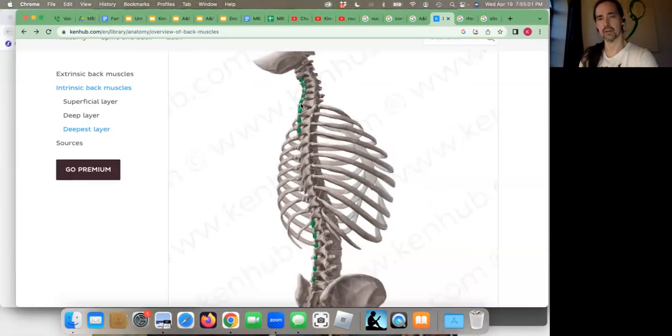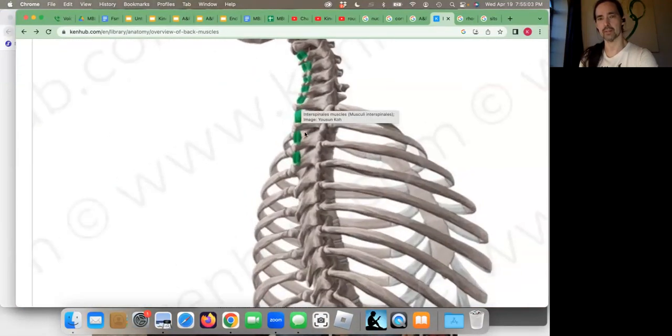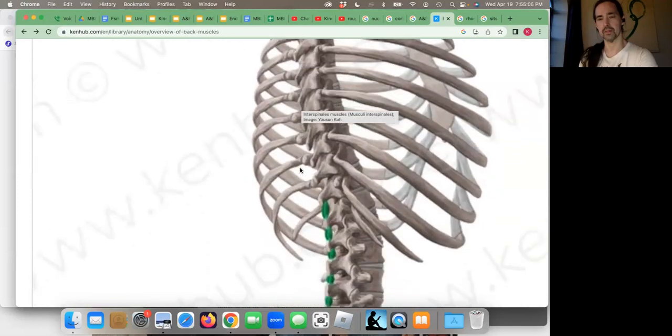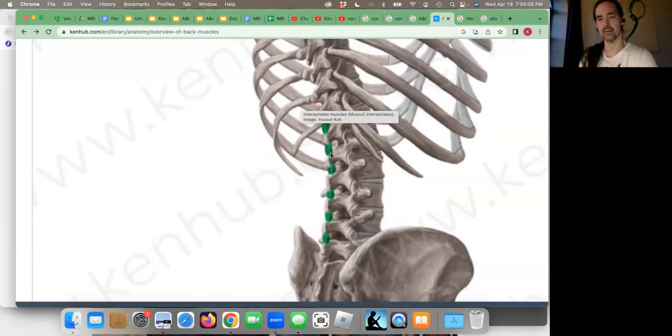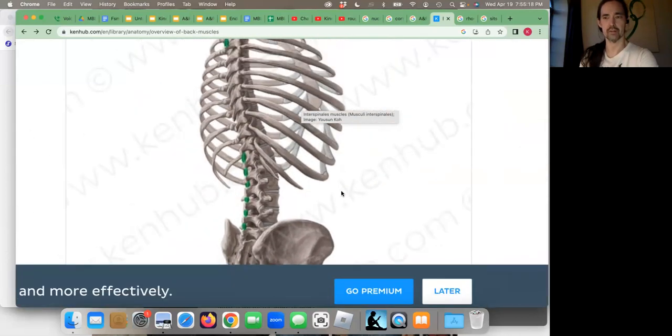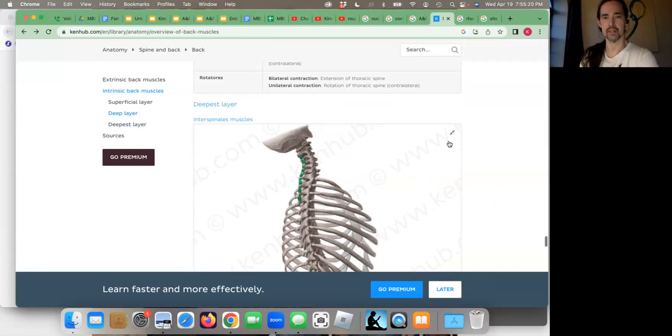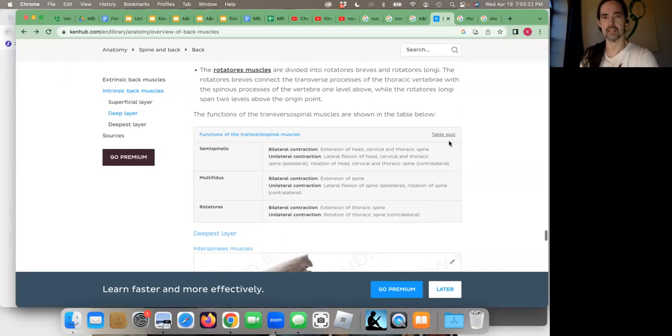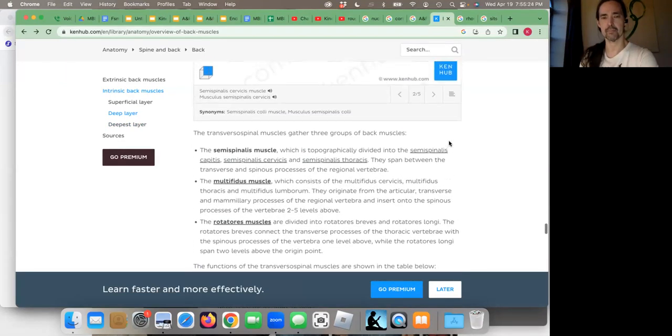So they're here, very, very fine muscles between the spinous processes of the vertebrae, the posterior spinous processes of the spine. Okay. So that's it for the interspinalis and the intertransversarii.